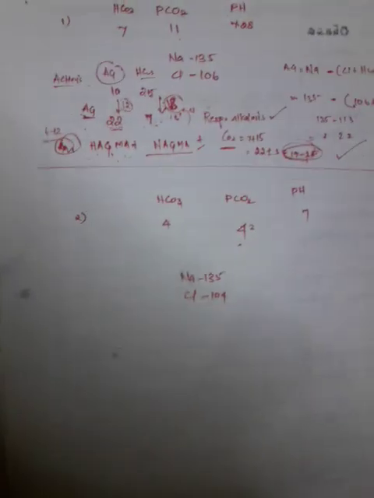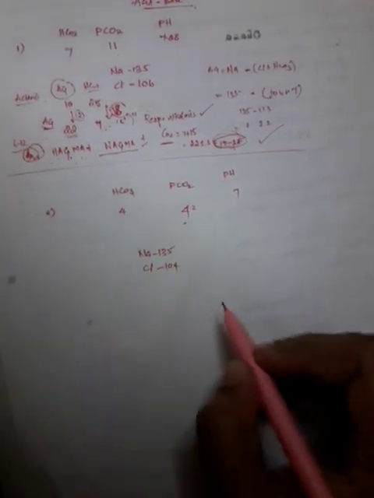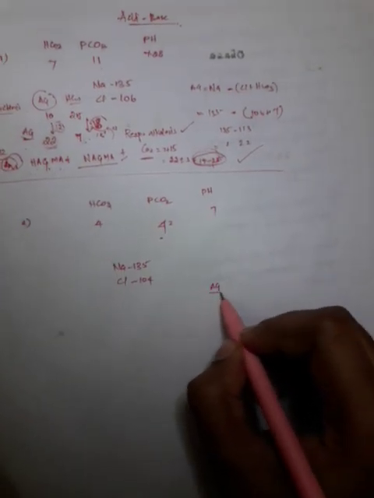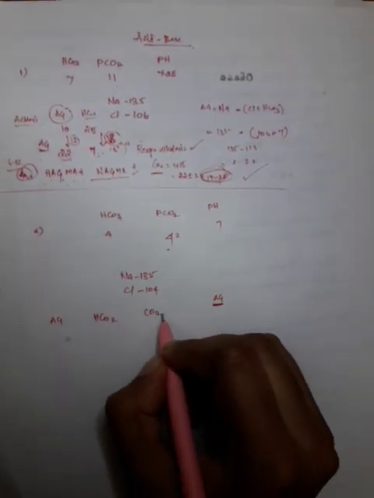Then the second question. Here, first we have to find the anion gap, then bicarbonate, then CO2.